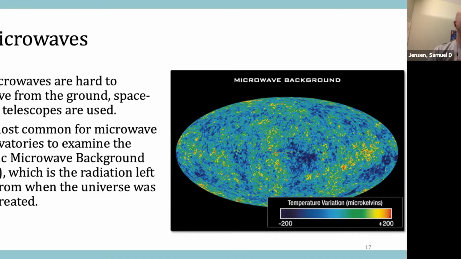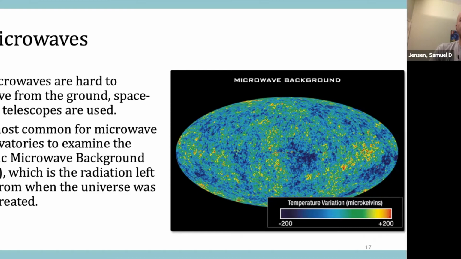Probably one of the most important aspects of the microwave part of the spectrum is the cosmic background radiation left over from the Big Bang. This is a picture of the beginning of our universe.